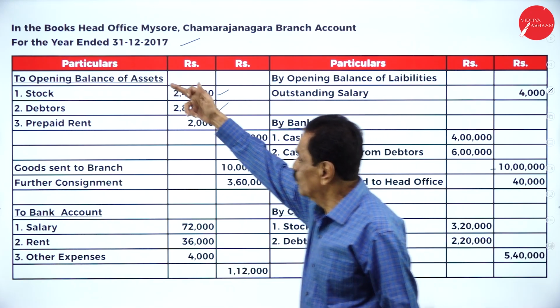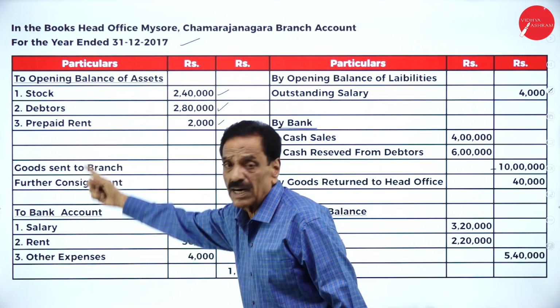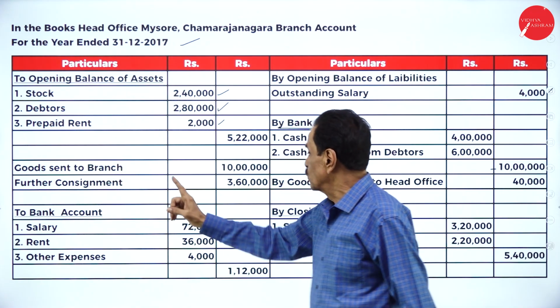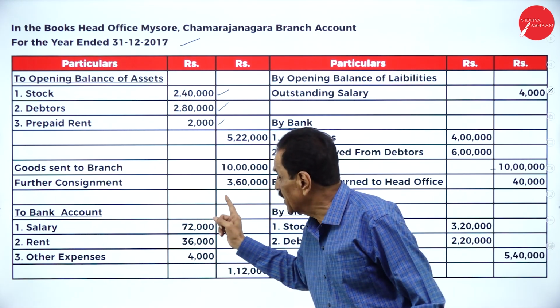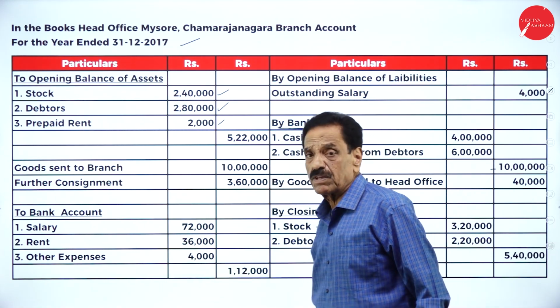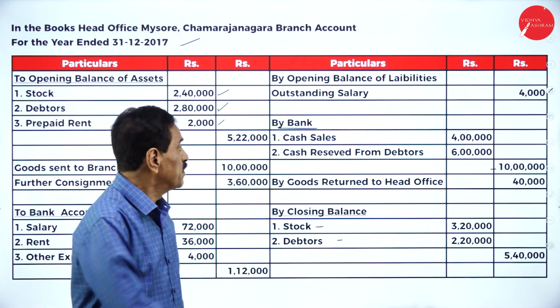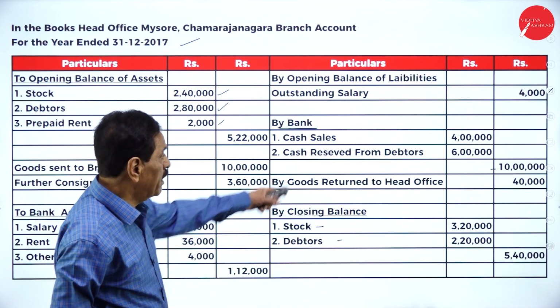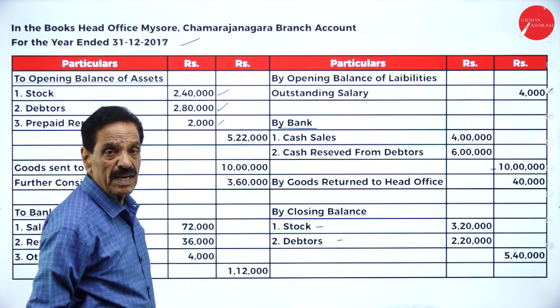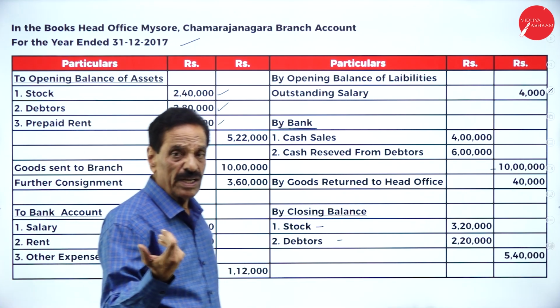Then start with the opening stock, opening debtor, opening prepaid rent, goods sent to branch, further consignment. These are all expenses of the branch met by the head office. Then opening balance of liability: outstanding salary, maybe outstanding rent.